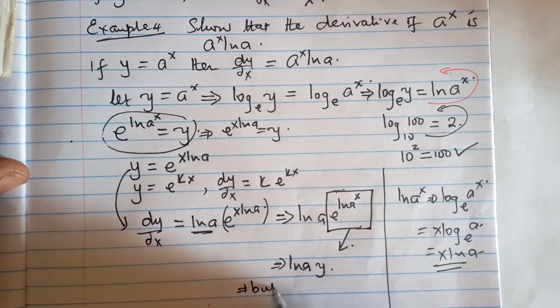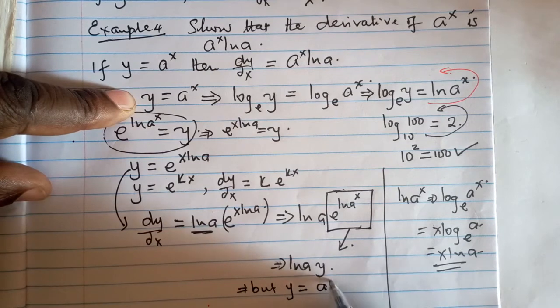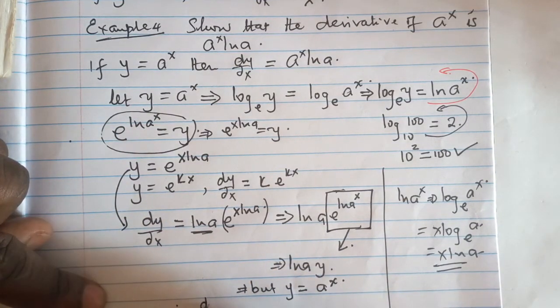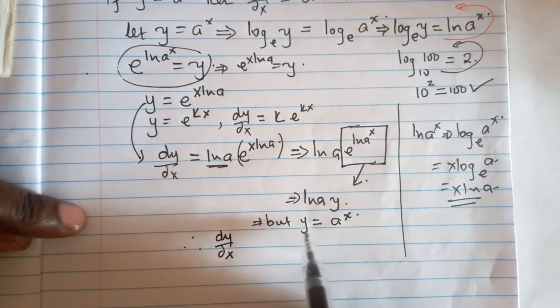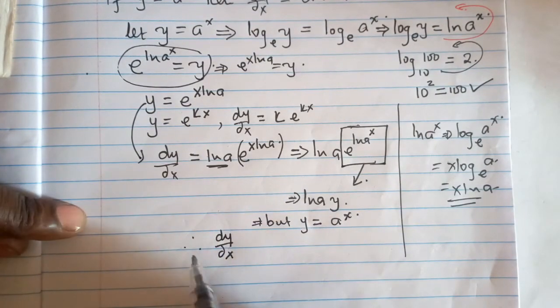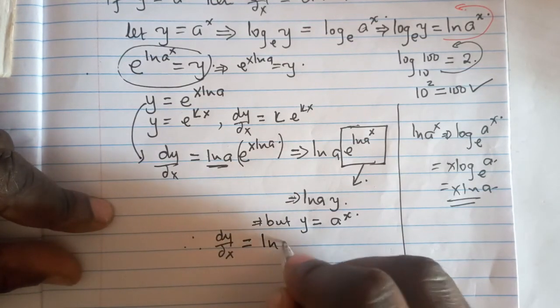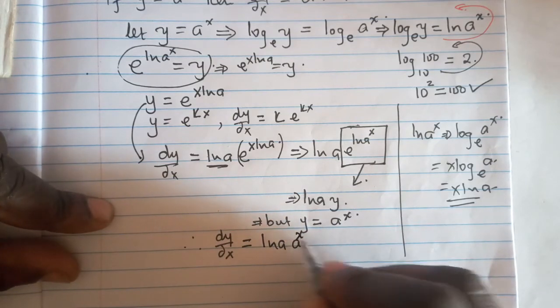But y is originally a raised to power x, and therefore dy dx is going to be ln a times y, which is a raised to power x.